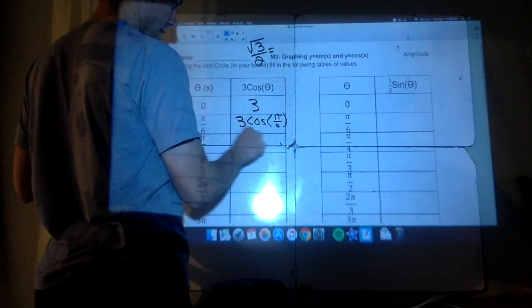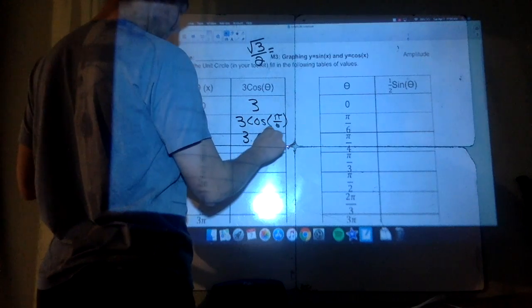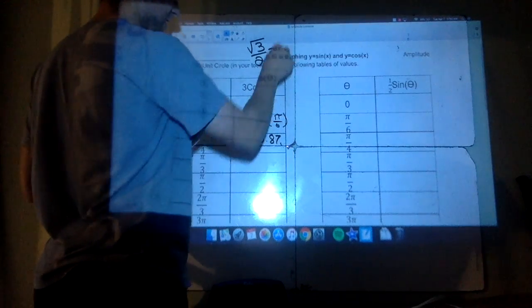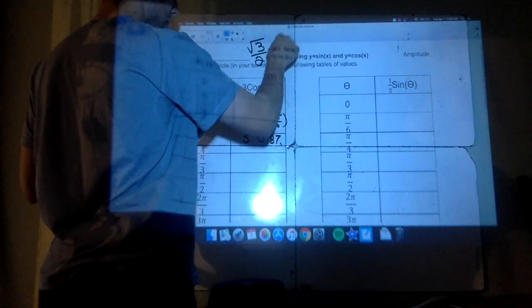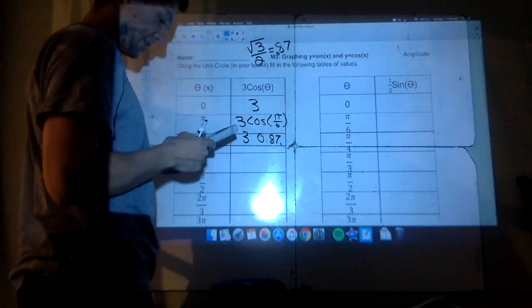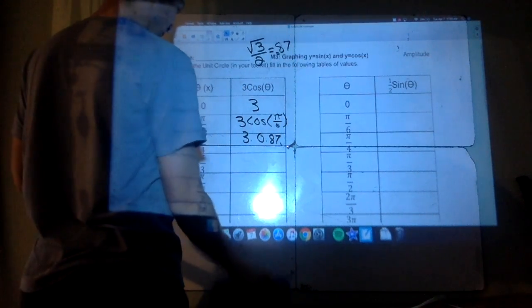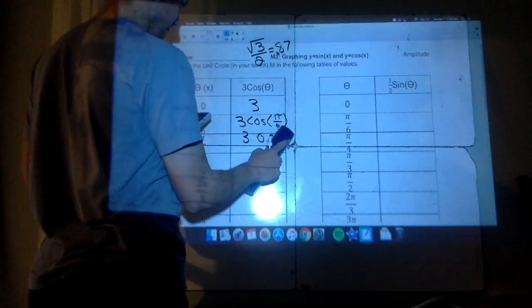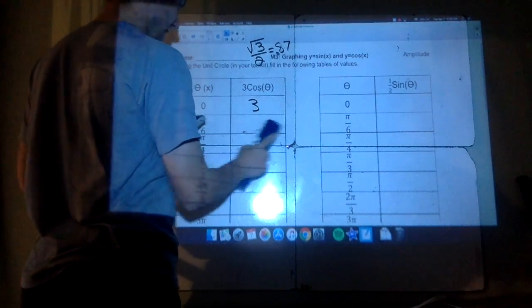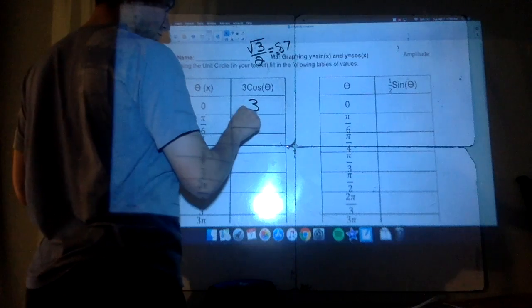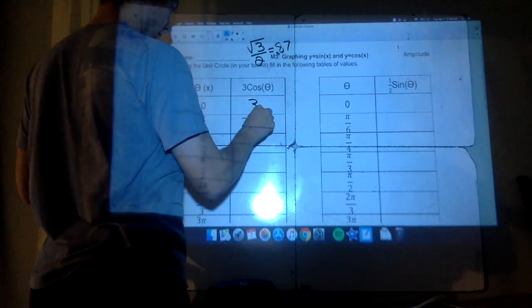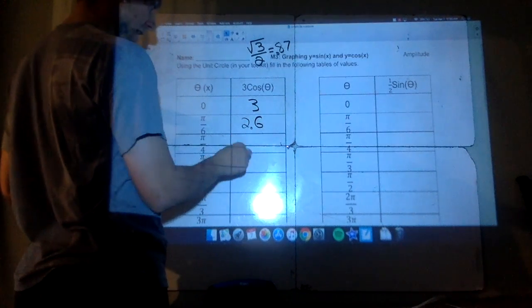So 3 times 0.87 gets us 2.6. So that is our pi over 6.